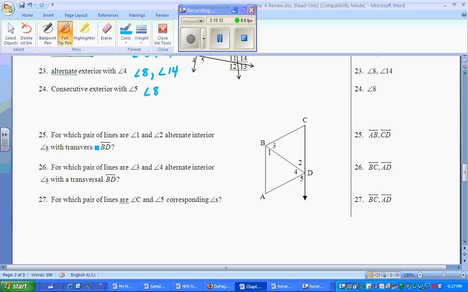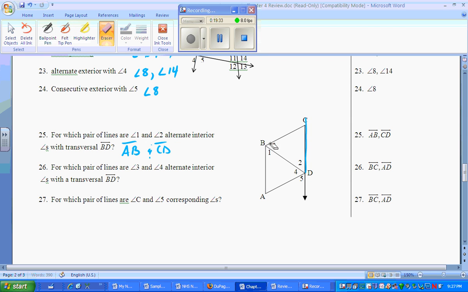And last but not least, 25 through 27. For which pair of angles 1 and 2 are alternating interior with transversal D? See which ones make it. This side makes angle 1. This side and this side make angle 2. So the answer is AB and CD.